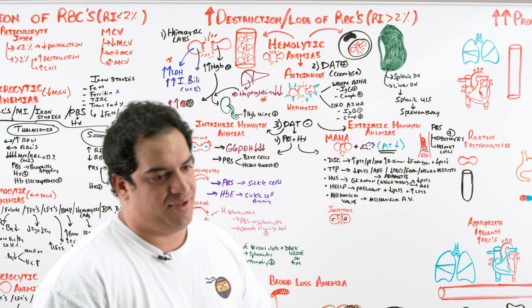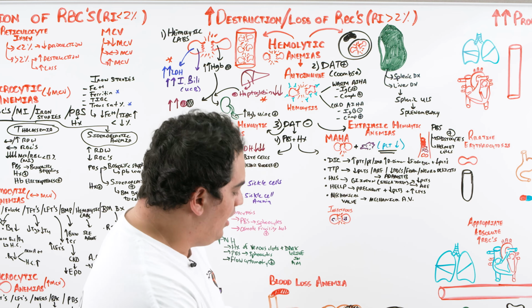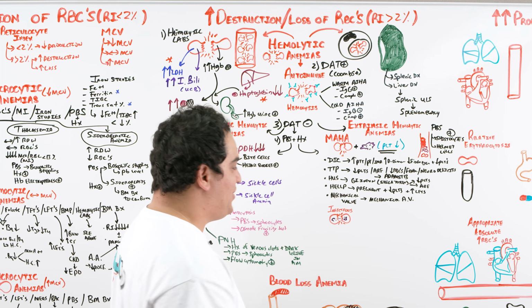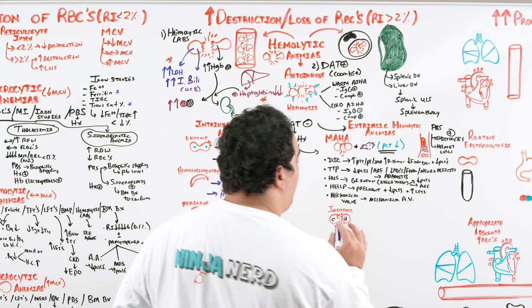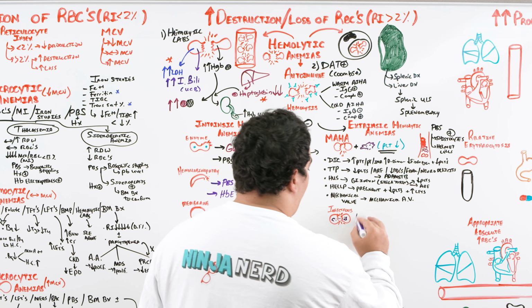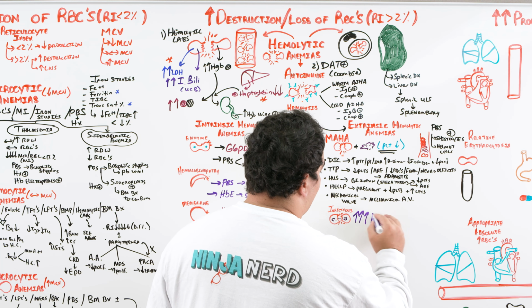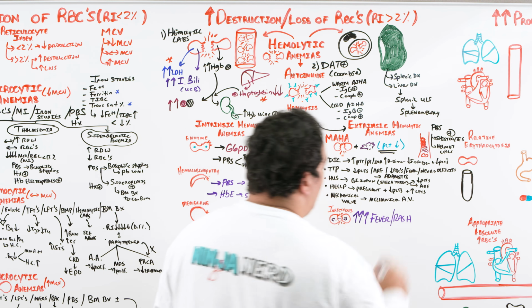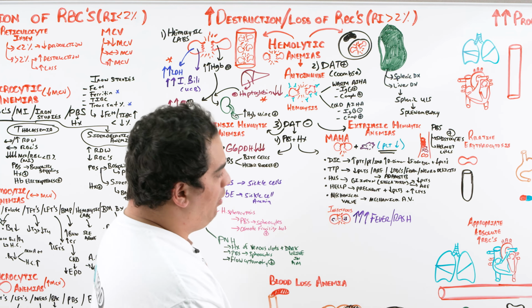Next one is infectious. Now, infectious is a super obvious one. With infectious ones, you want to think about a patient who is having a super high fever. For all of these patients, they're probably gonna have some type of high fever, maybe a rash of some kind. And this is a really important one.